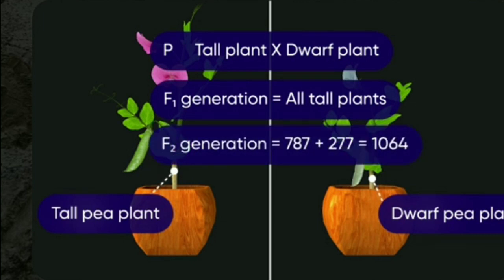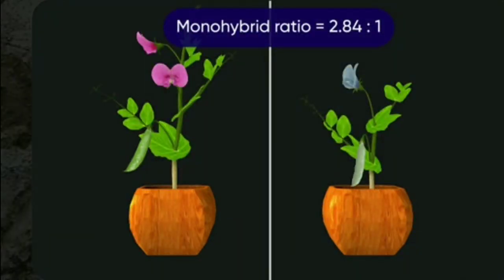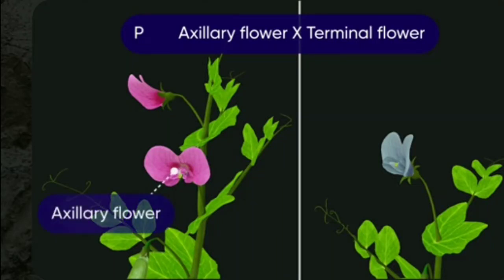The F2 generation had 787 tall and 277 dwarf plants, that is a total of 1064 plants. The monohybrid ratio obtained was 2.84:1.